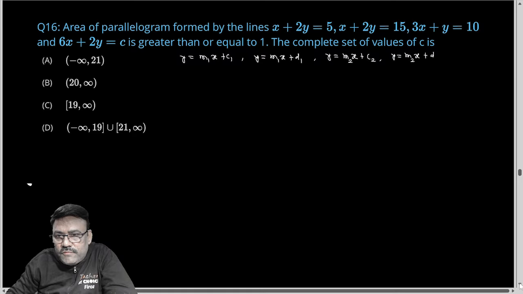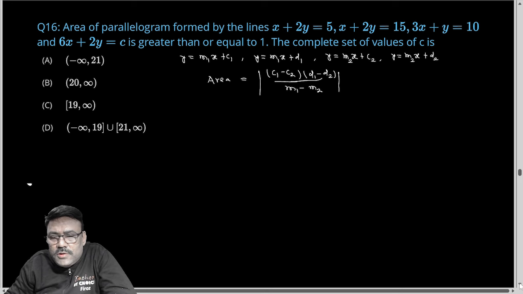Let's say you have these 4 lines. Then the area of the parallelogram formed by these 4 lines can be written as mod c1 minus c2, t1 minus t2 over m1 minus m2. This is the area.